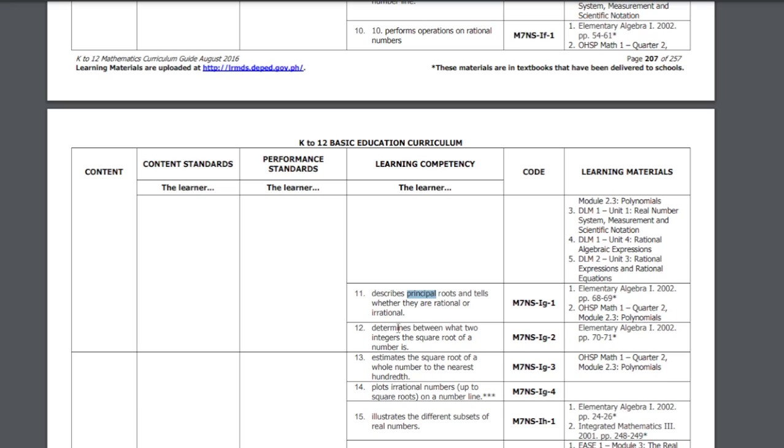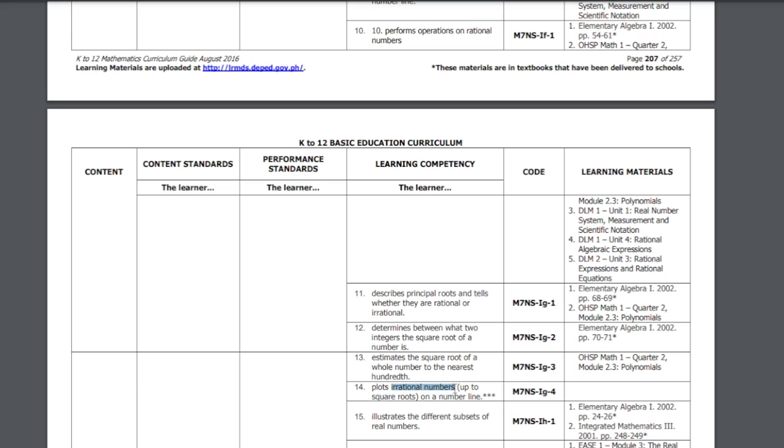We're going to determine between which integers the square root of a number lies. Though it's already an outdated subject, with a lot of technology, it would be nice to know how to get it. I'm going to estimate the square root of a whole number to the hundredth, two decimal places.